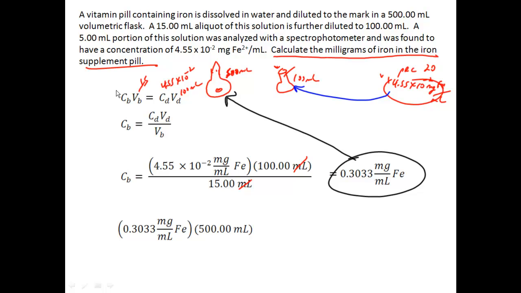The total volume of that vitamin that was diluted in solution was 500 mils. My milliliters cancel. That leaves me with my final answer: the iron tablet that I dissolved in that 500 milliliters had a total of 152 milligrams of iron.